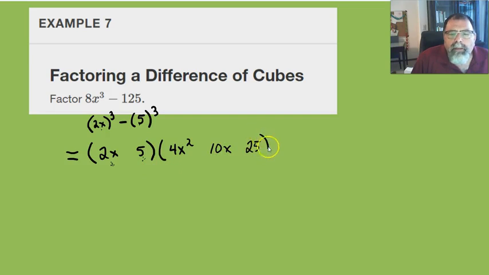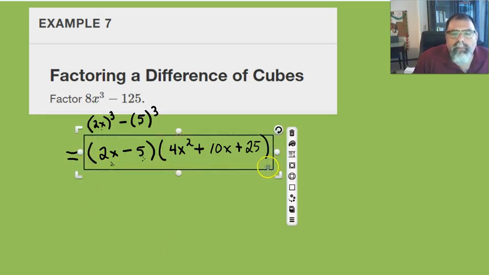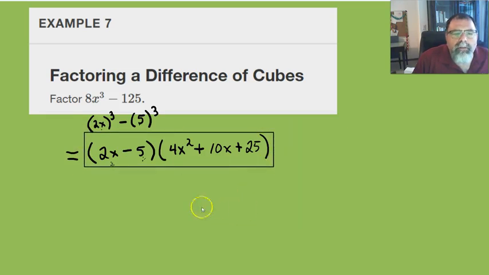And you just memorize this pattern. Again, it's something that comes up a lot. So the signs, same as the SOAP: same as the problem, opposite, always positive. And again, if you multiply that out to check it, you would see that everything cancels out except that first term and last term, and you get the difference of the cubes.